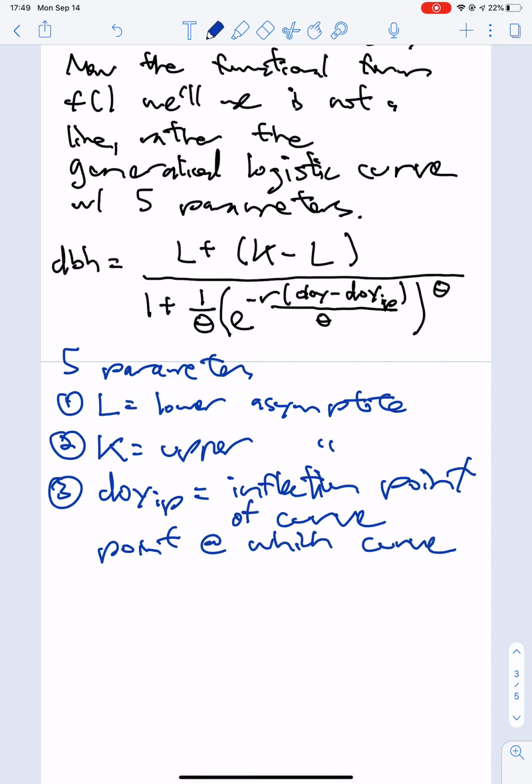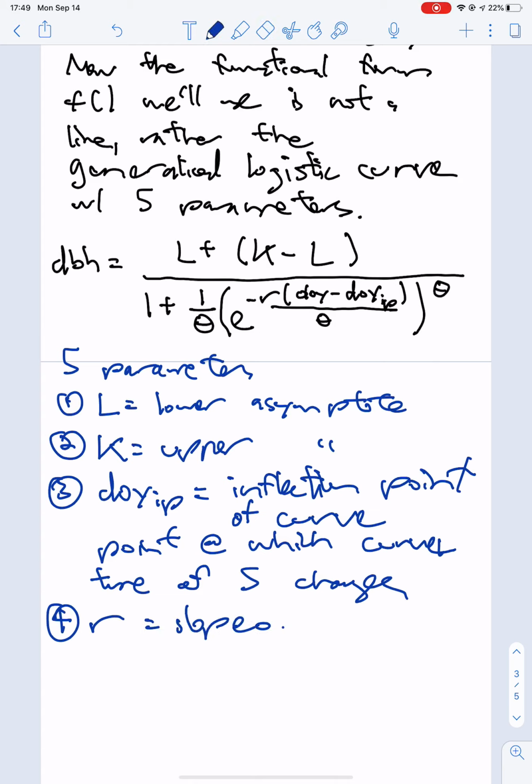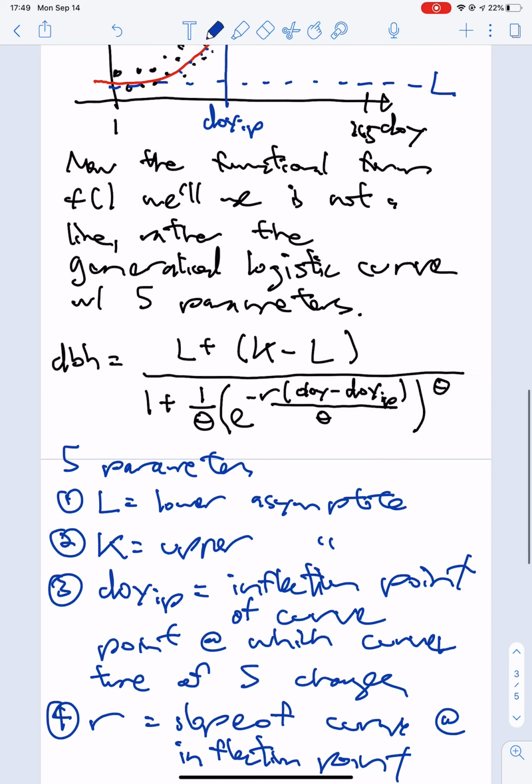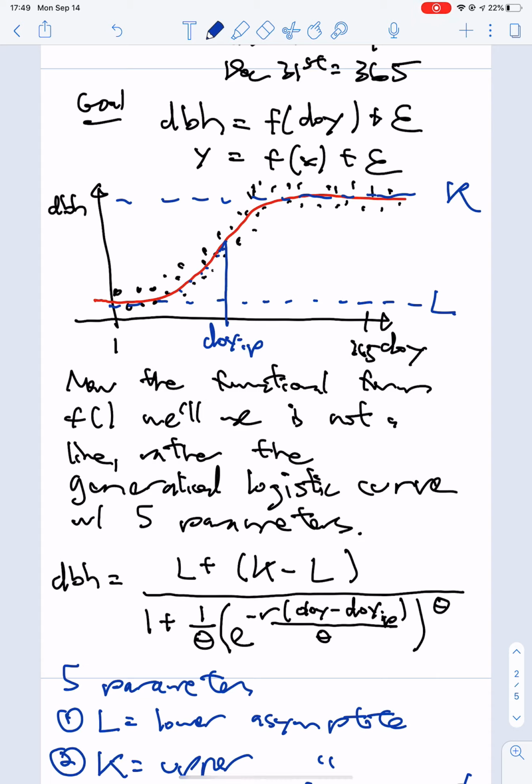Number 4, R. That is equal to the slope of the curve at the inflection point. So if we go back over here, whatever that slope is, and I'm not doing a very good job of drawing it, that's R.